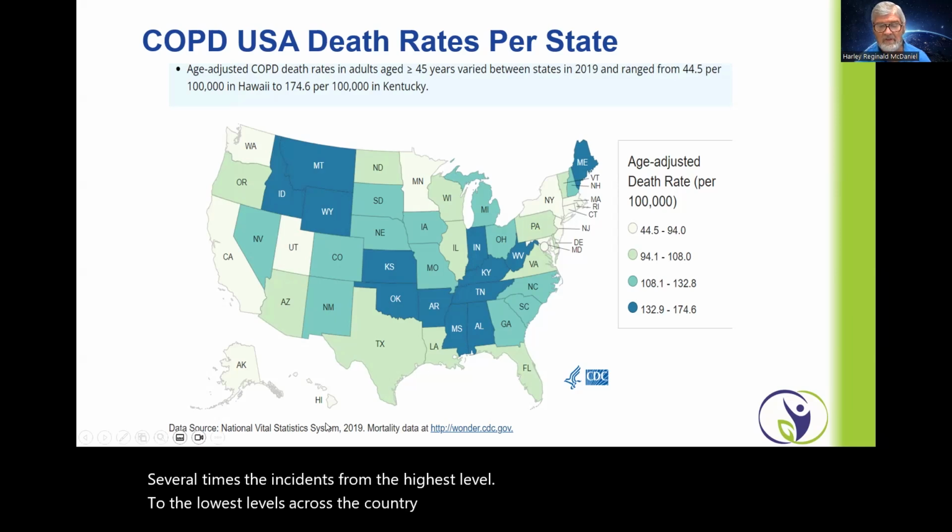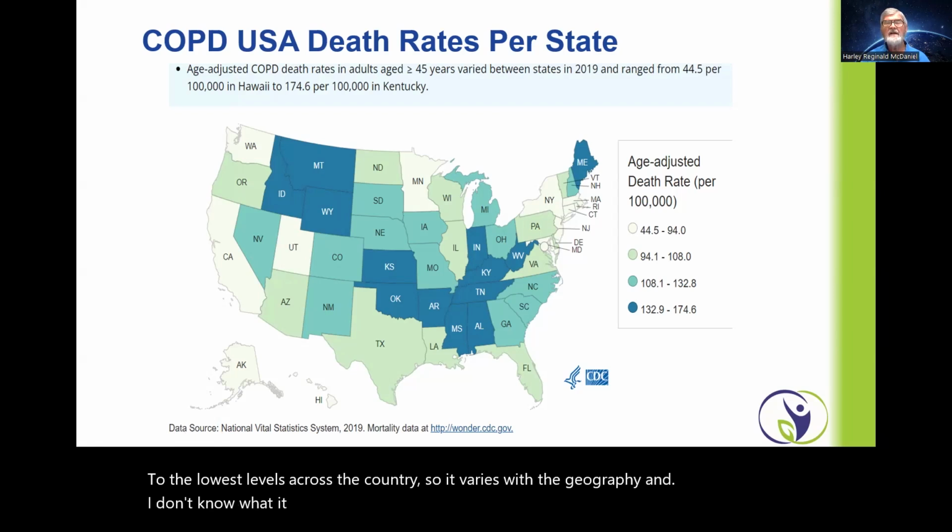So it varies with the geography. And I don't know what it is, and I don't think anyone knows why it varies so much. And it's also high in Hawaii, and of course, it's the highest in Kentucky.